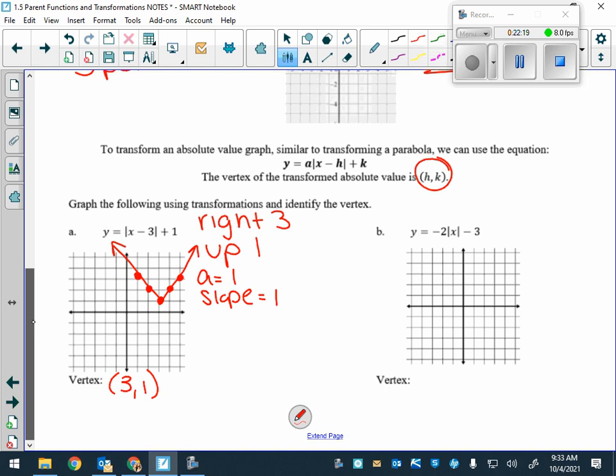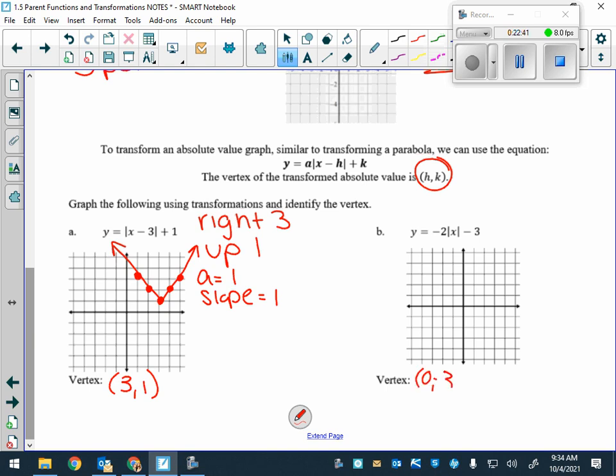Now for B, what is my vertex? Yep, Jack. -1, -3. Be careful. -3 is correct. -2, right? Do you see anything adding or subtracting to x, like inside those brackets? Would it be 0? Yep. Okay.